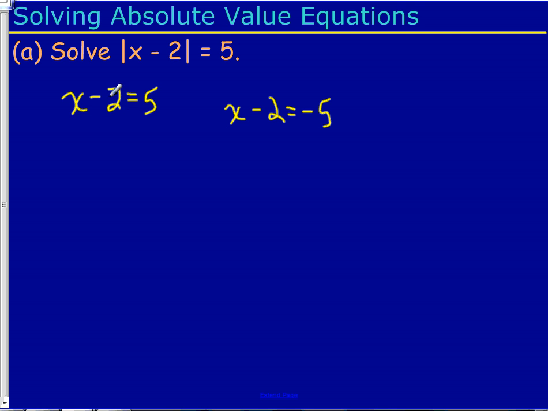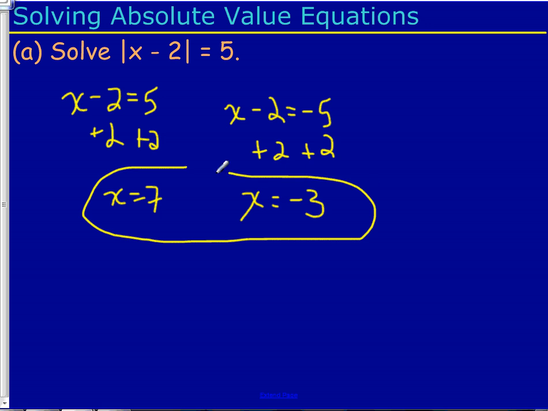So this is a fairly simple one to solve, so I'm going to add 2 to both sides, and I'm going to find x is equal to 7. Now on this one I'm going to add 2 again. Okay, so then x is going to equal -3. So my answer to this problem is both 7 and -3.